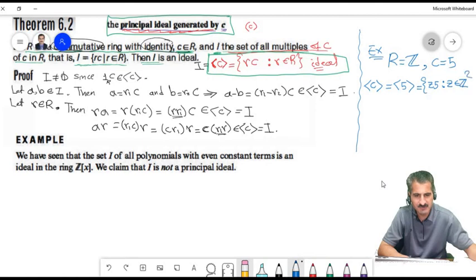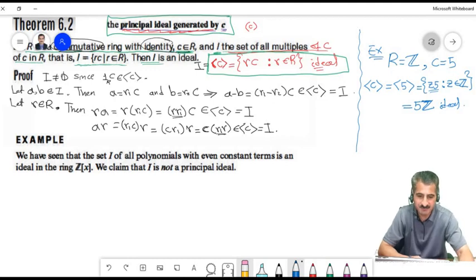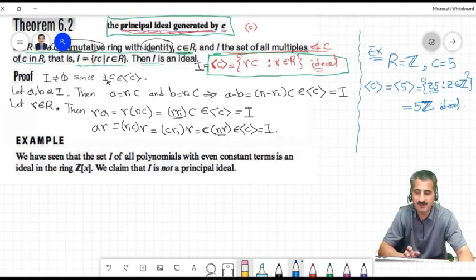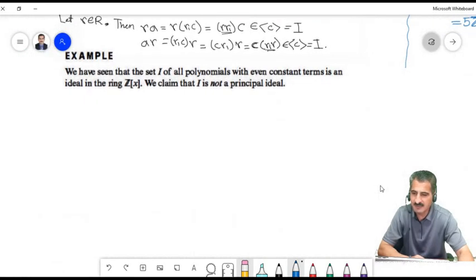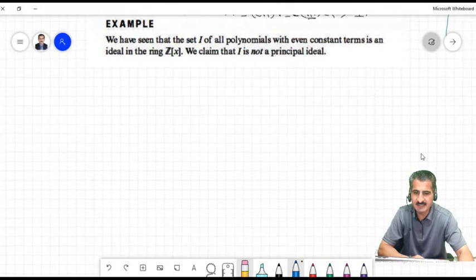I use this notation, but you know this simply means I could write 5Z, all multiples of 5. But you know that all multiples of 5 are given this way, and we know this is a subring. Now it is an ideal, and it is generated by 5. So this is a principal ideal generated by 5. And you can do the same thing for any integer instead of 5. Now in the next example, we will see an ideal which is not a principal ideal.